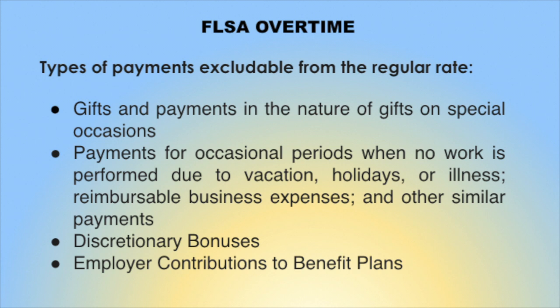The key to a discretionary bonus is that the employer has not set an expectation that the bonus will be paid if certain goals are met, and the amount and timing of the bonus are not given in advance. On the other hand, a non-discretionary bonus does have specific criteria the employee must meet to qualify for the bonus. The employer predetermines the criteria and the employees expect to earn the bonus if they meet the criteria.